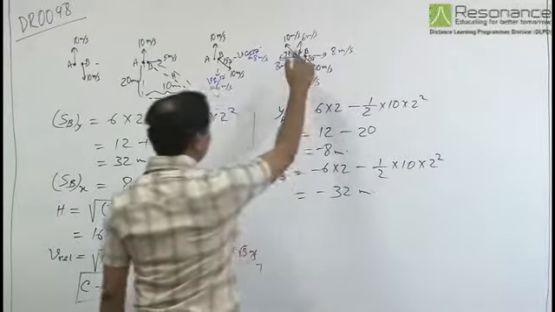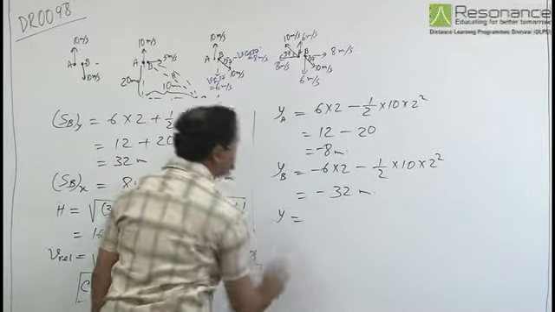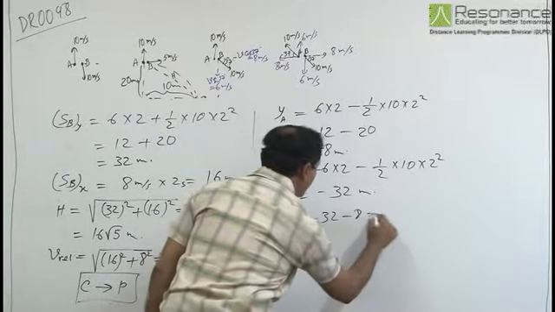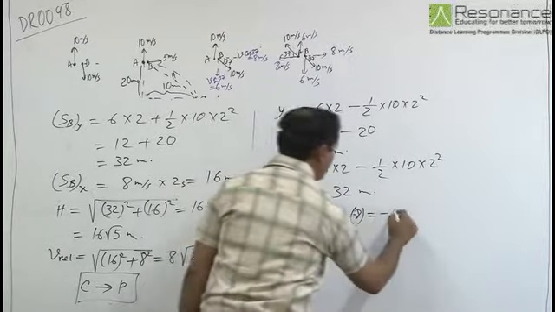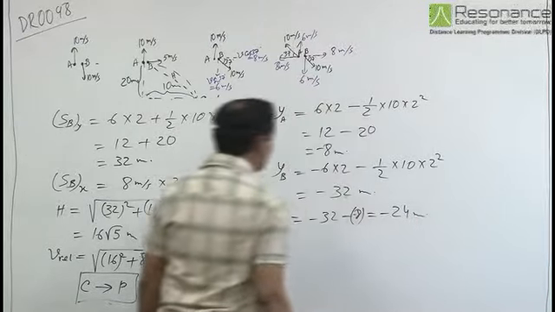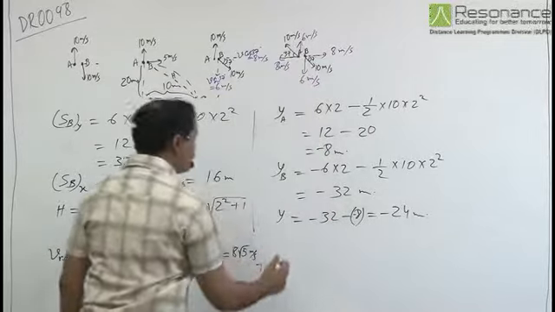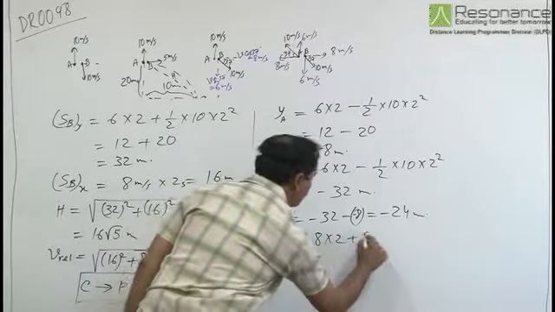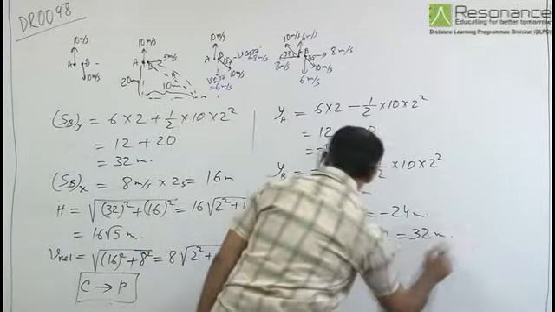So the vertical distance between them y is equal to minus 32 minus 8, that is equal to minus 24 meter, and horizontal distance x is 8 into 2 plus 8 into 2, that is 32 meters.